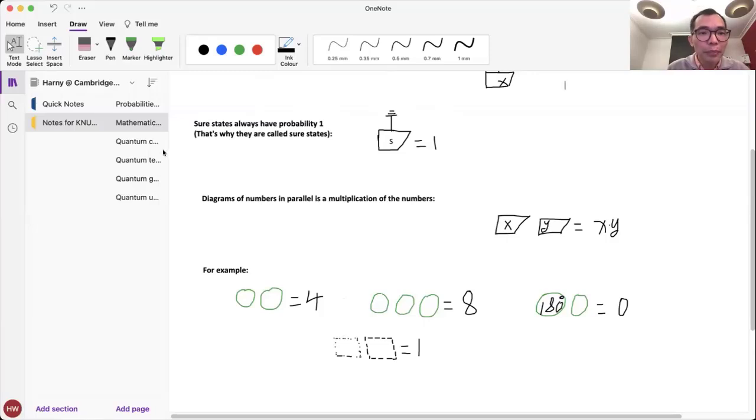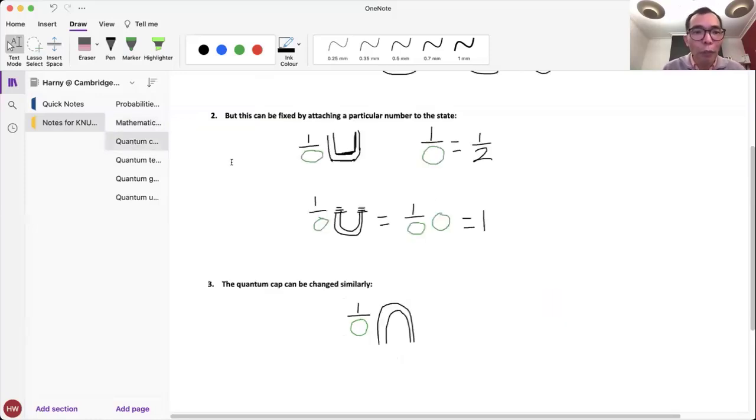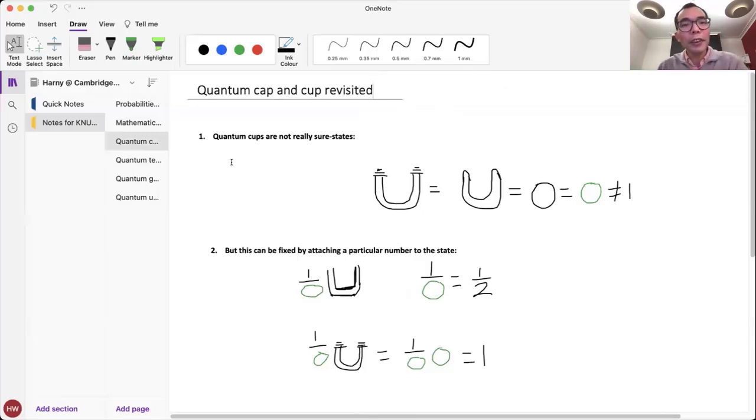Okay, that's the simple mathematics of diagrams for numbers. Now we have the diagrammatic representation of numbers, especially for probabilities. With this, we can revisit what we have encountered before in this course. First, we can look at the quantum cap again. We have said before that quantum caps like this, you have double Y, right?